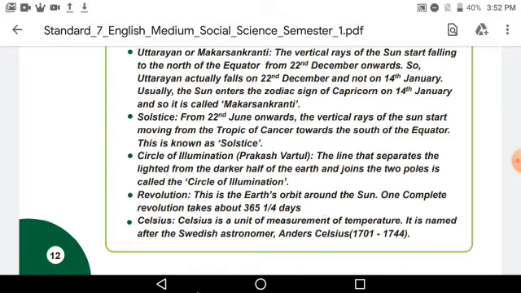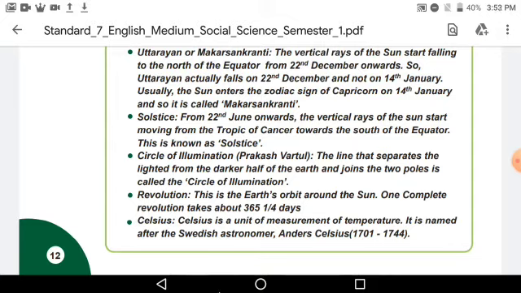We consider it like that, but actually our earth takes 365 days plus 6 hours to complete one revolution. But we cannot count that 6 hours every year, right? You cannot count those 6 hours as one day and add it to the 365 days, right?